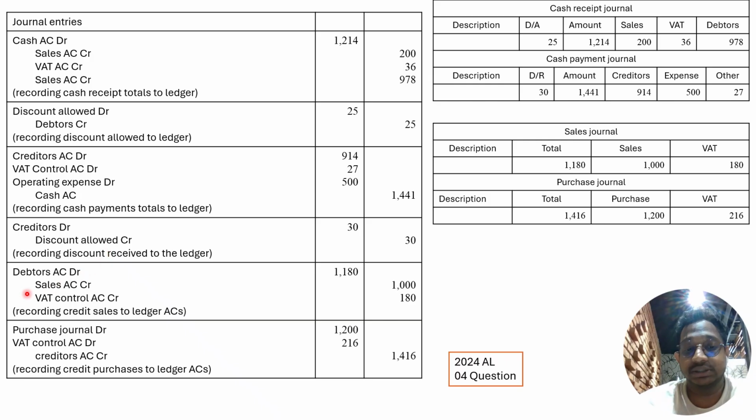So debtors should debit the total, but sales should credit without VAT, just the sales amount, and VAT should credit as well. And when you record the credit purchases, the total should credit to the creditors, but purchases should be mentioned without VAT, and that VAT is debit to the VAT control account. So that's how you have to answer question number 4.